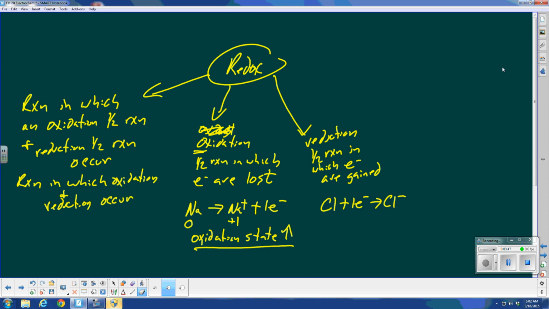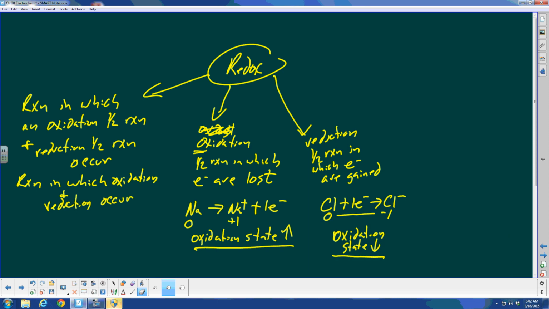Also, notice what's happening to my oxidation states. This goes from 0 to -1, so my oxidation state decreases. If you ever get lost, here's the way I always look at it: this number is going down, it is reducing, meaning that must be reduction, and the opposite has to be oxidation.